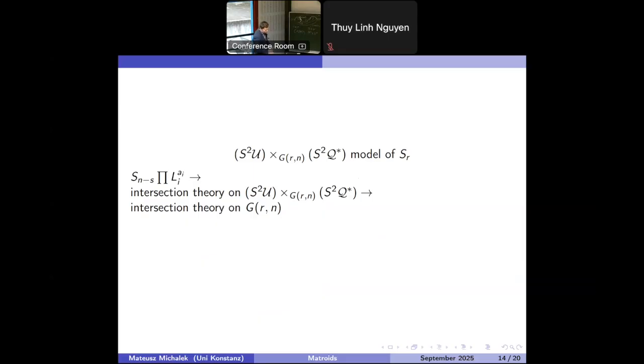So instead of doing intersection theory on complete quadrics, we can do intersection theory on such a double projective product over the Grassmannian. And this reduces to intersection theory on a Grassmannian. And Schubert, of course, was the world master at doing this. So this is something that he could carry out.